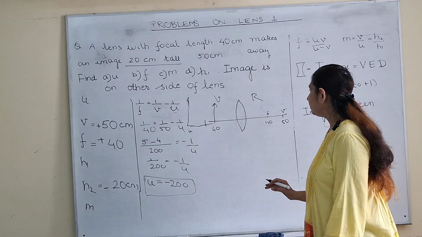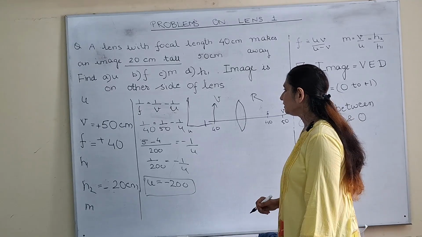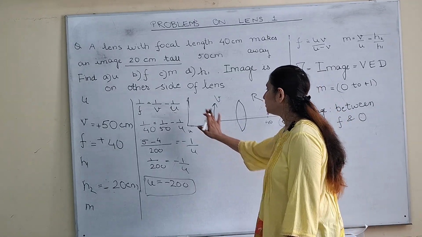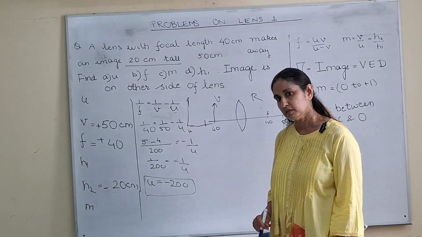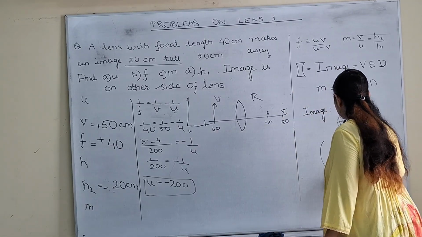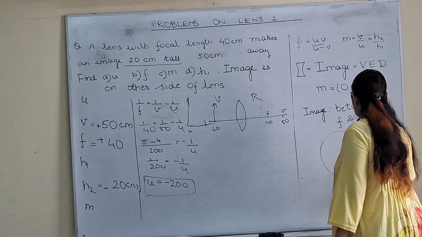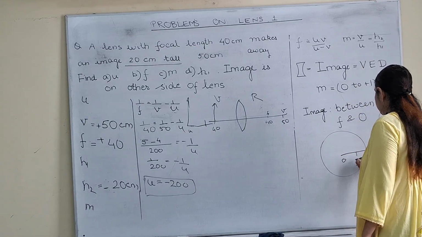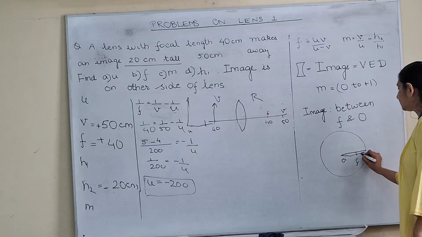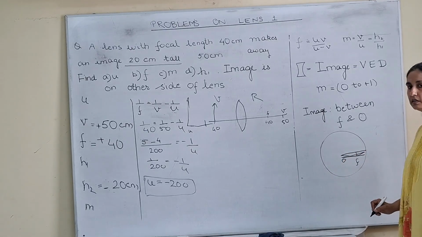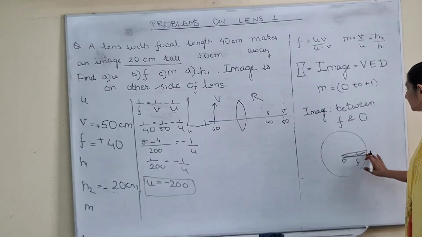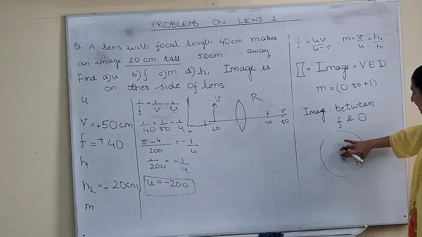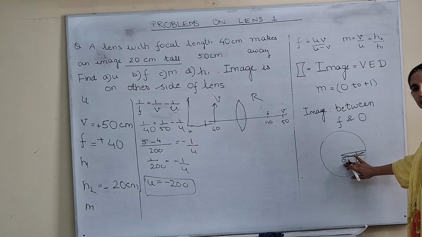Okay, now where is the center of curvature? We don't remember. But the center of curvature is always double of focus. Do we remember this? If this is a circle, this is the center of curvature. If this is f, the distance from the mirror to the center is double; f lies equally distant between these 2 points.